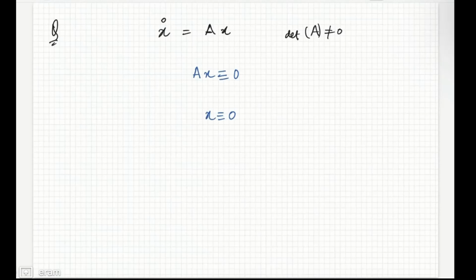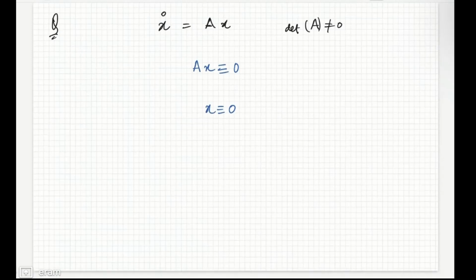When we further see the qualitative analysis, we will tell the stability of the system only about the origin, because the equilibrium point is the origin vector, and that is unique.